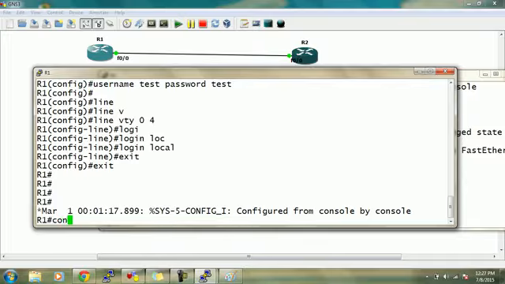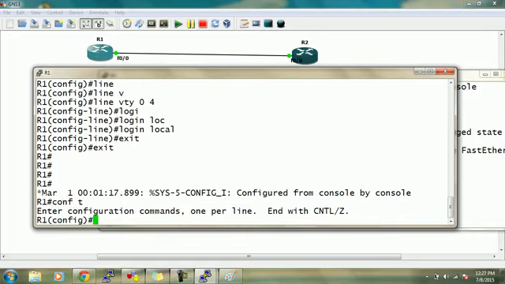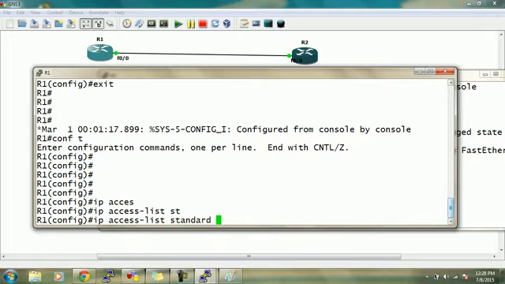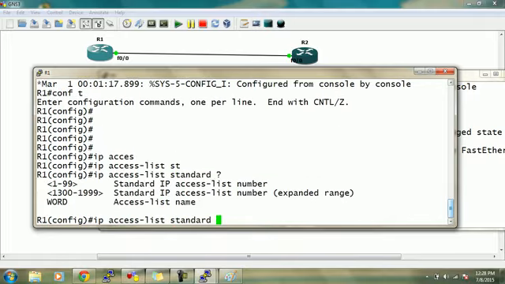On R1, first of all, what do I have to do? I have to create a standard ACL. IP access list standard. Now, you can create named ACLs and numbered ACLs also. Fine. We will discuss this in detail when we discuss ACL.